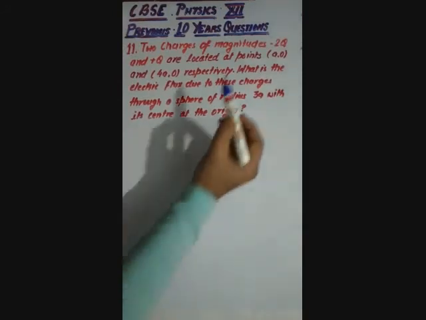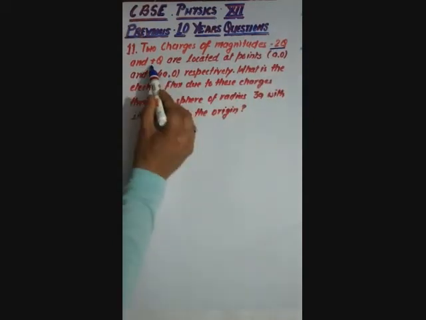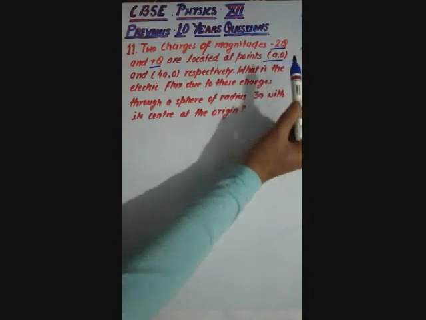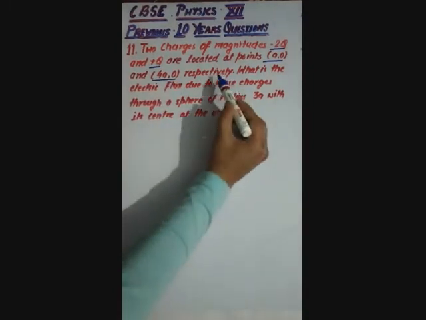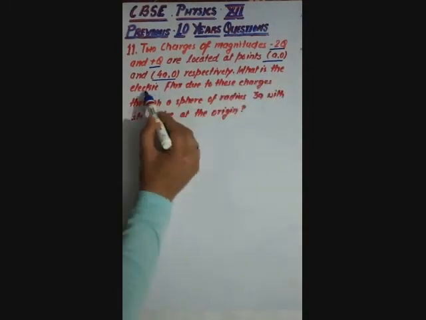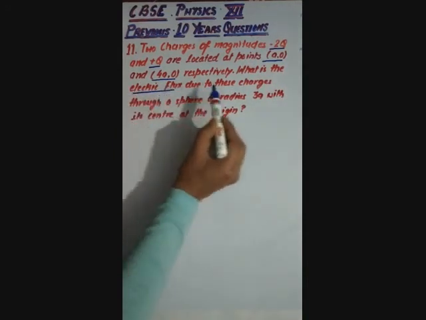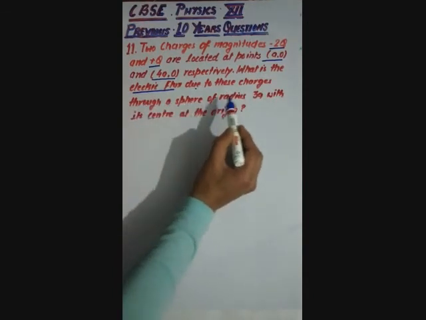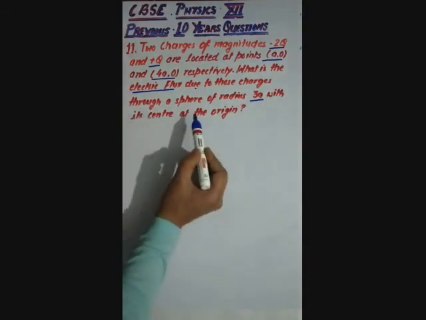Two charges of magnitude negative 2q and positive q are located at points (a, 0) and (4a, 0) respectively. What is the electric flux due to these charges through a sphere of radius 3a with its center at the origin?